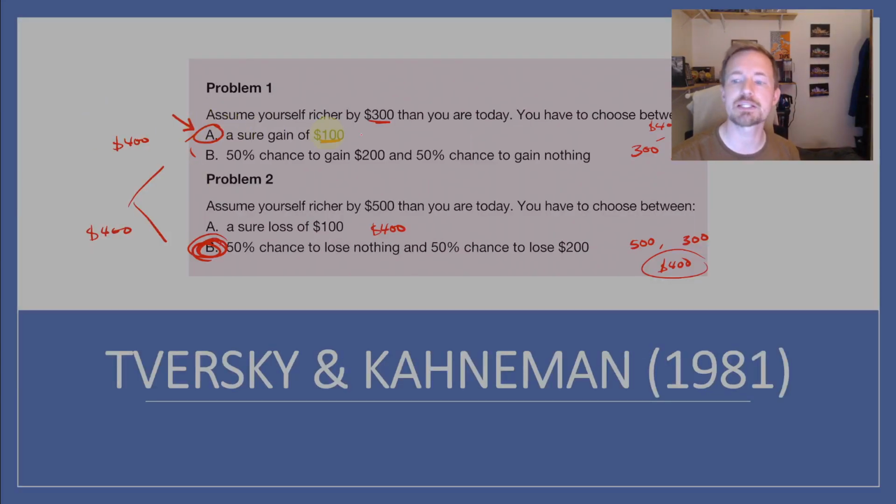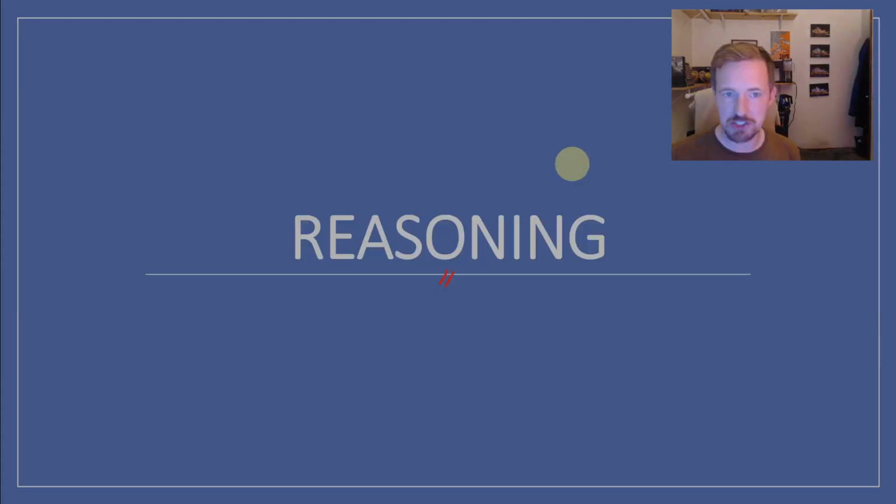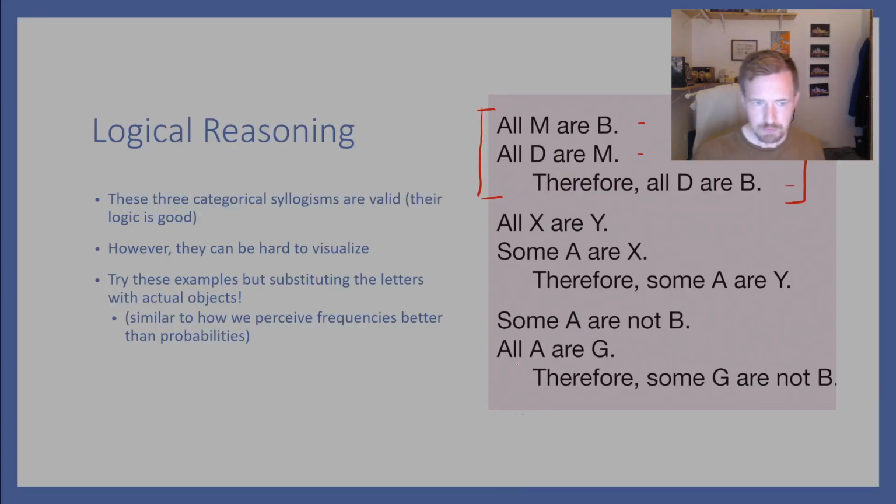There's a reason why I stopped and got the $400 mark here, because whenever we realize that the 400 is the outcome here, then we know how to respond to it, right? We're not just relying on System 1. So here, the way that I would encourage you to do logic, at least at the beginning, is to substitute these letters with some kind of object, something that you can imagine.